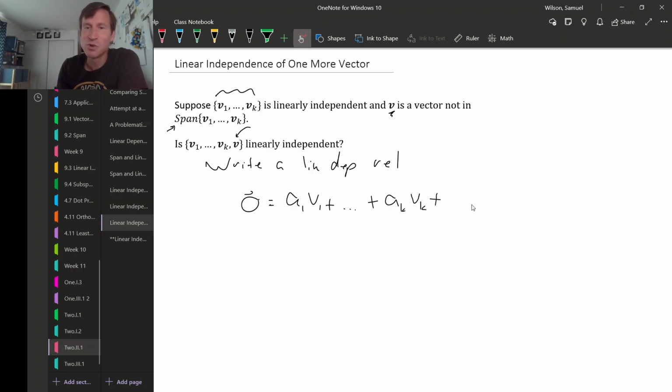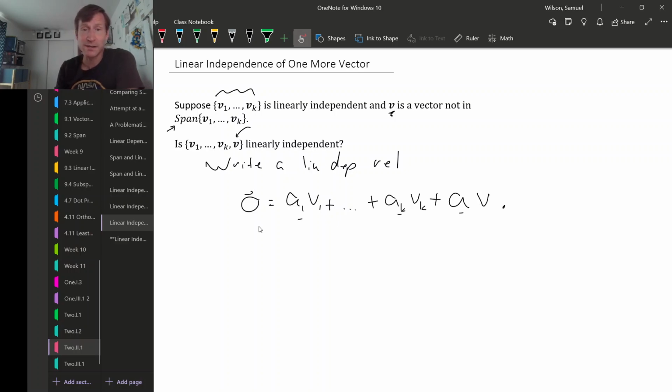And then we need one more term for v. So let's say a times v. All right. Now, of course, there always is a linear dependence relationship among these vectors. The only question is, is there a non-trivial linear dependence relationship? So the question is, could it be possible that any of these coefficients are non-zero?